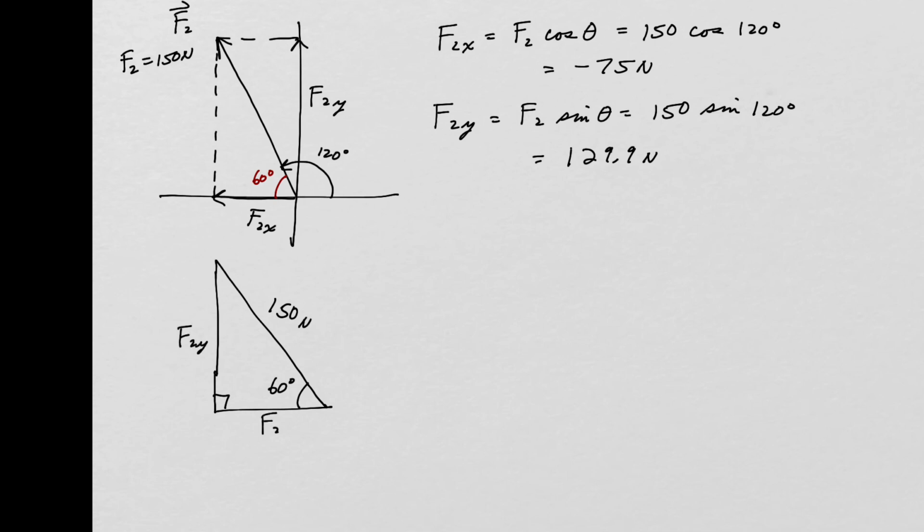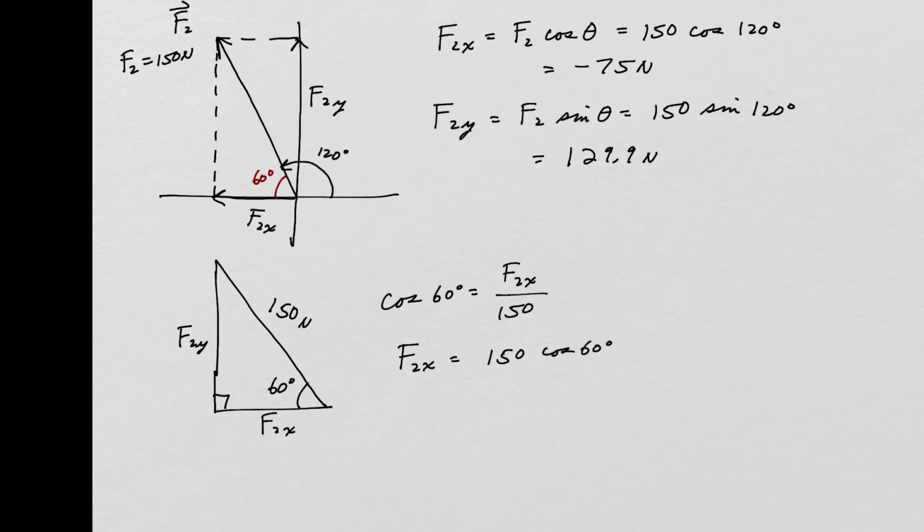This is F2x. And then using right triangle trigonometry, we could say F2x is adjacent, this is hypotenuse, that's involving cosine. So I know that cosine of 60 equals F2x over 150. So F2x is 150 times cosine of 60.